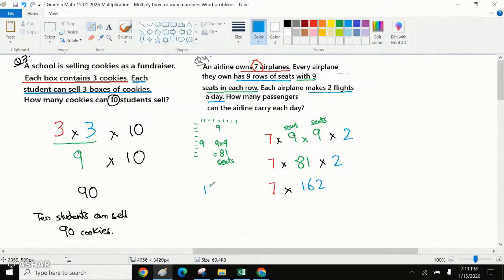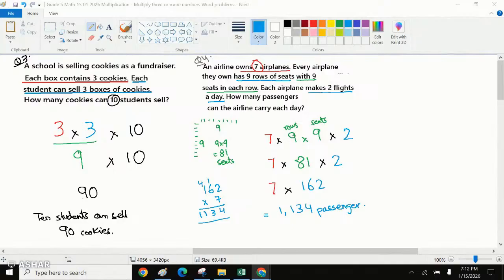We can multiply over here. 162 is multiplied by 7. 2 times 7 is 14. 4 and 1. 6 times 7 would be 42. Plus 1 is 43. 7 times 1 is 7. 7 plus 4 is 11. That means the total comes out to be 1,134 passengers they can carry each day. Okay, do we agree on this?